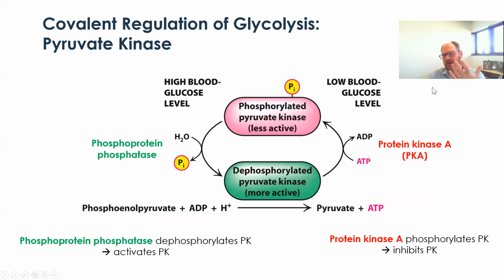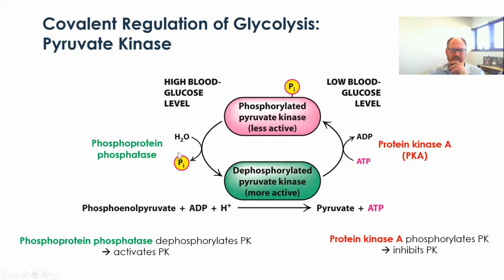Those aren't the only targets in glycolysis, though. Protein phosphatase 1 and protein kinase A act on many other targets in central carbon metabolism. Another example is their activity on pyruvate kinase, which, as you know, is the step that ultimately produces pyruvate and ATP at the end of glycolysis.